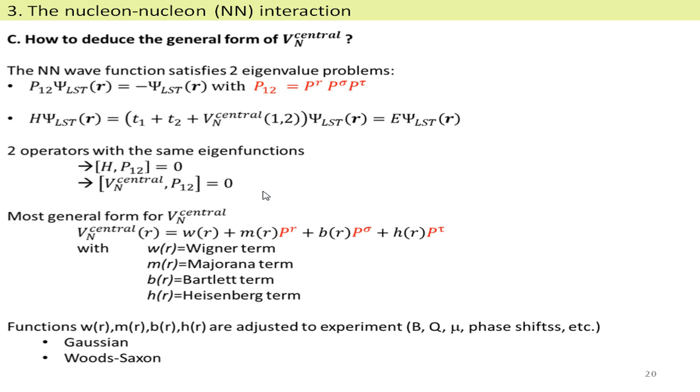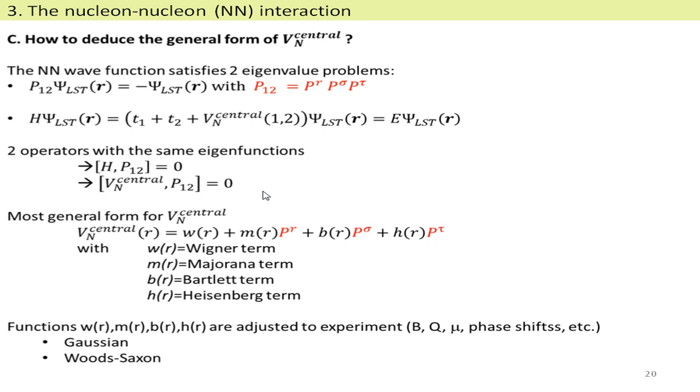So all these terms here commute with P12. Okay? And R here is the distance between the two nucleons. So you can exchange the two nucleons, and the distance, of course, is the same. And these terms have specific names. So the term here, which is independent of any exchange operator, is called the Wigner term.